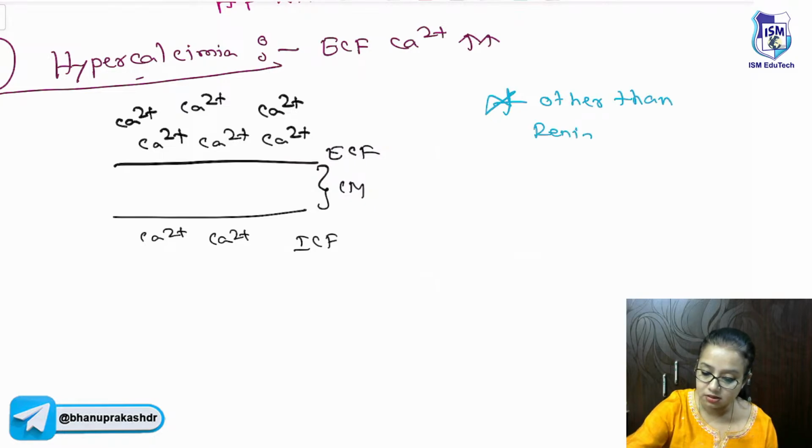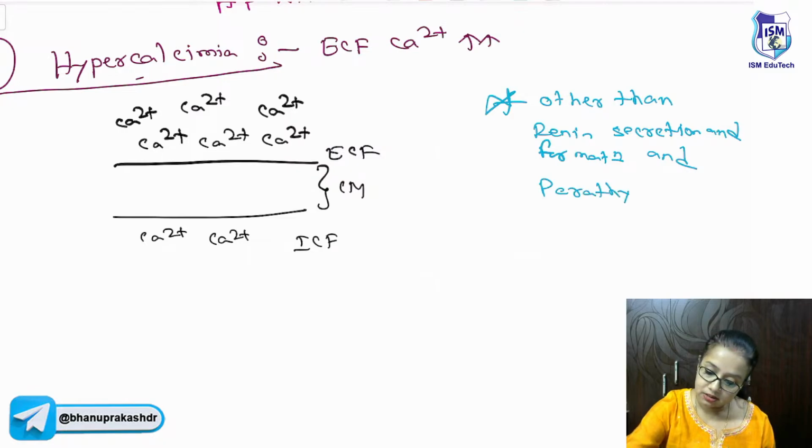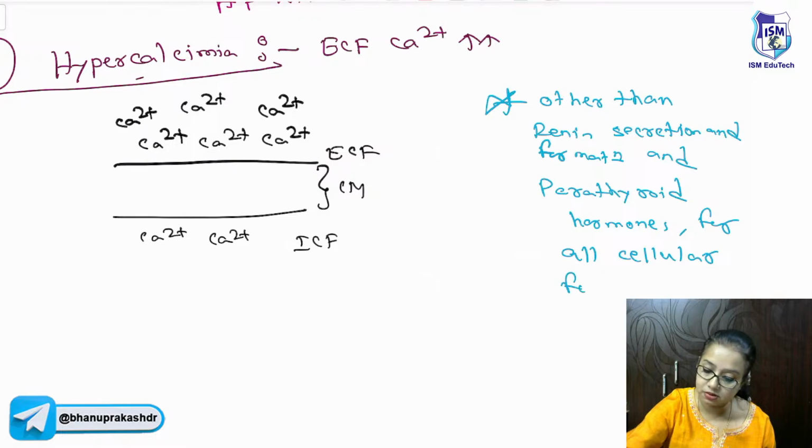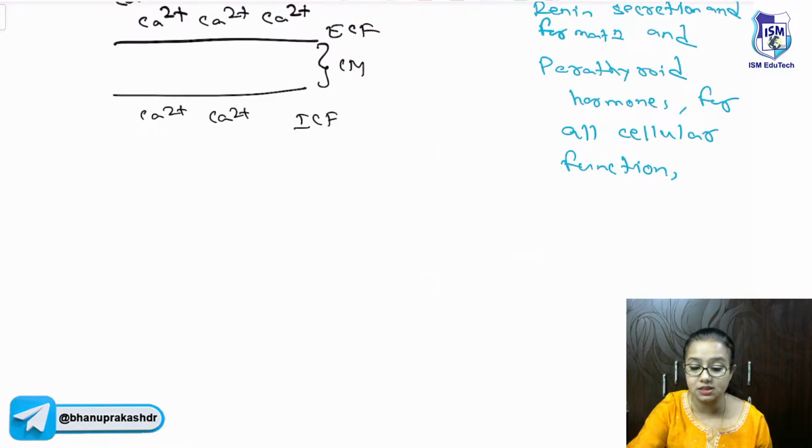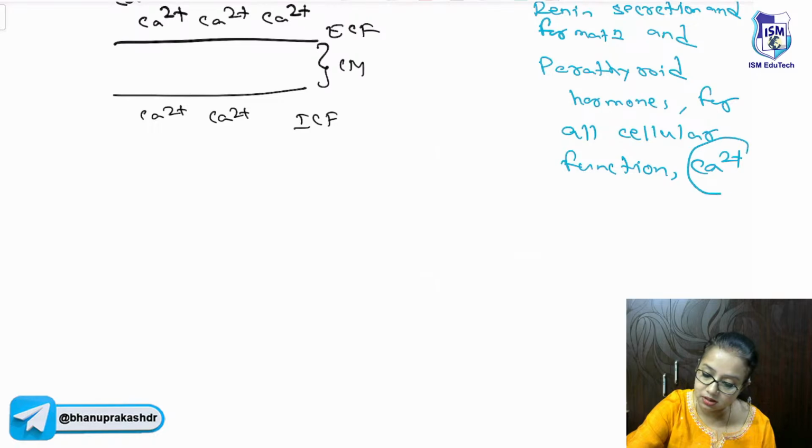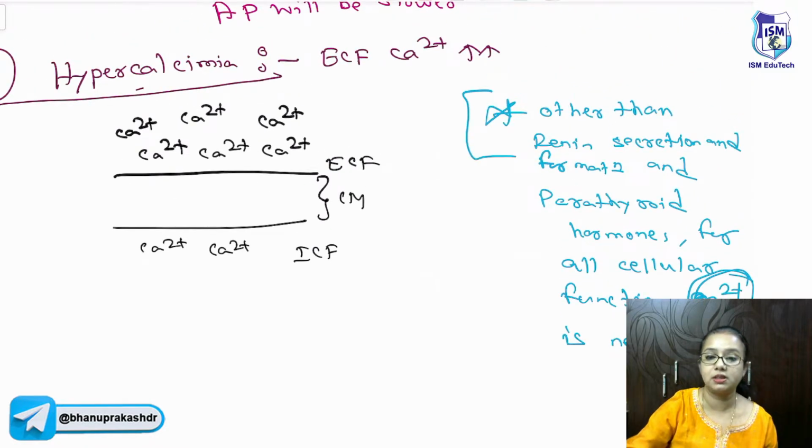Other than renin secretion and parathyroid hormone formation, for all cellular functions, may it be transportation, metabolism, contraction, secretion, everything, calcium is needed.